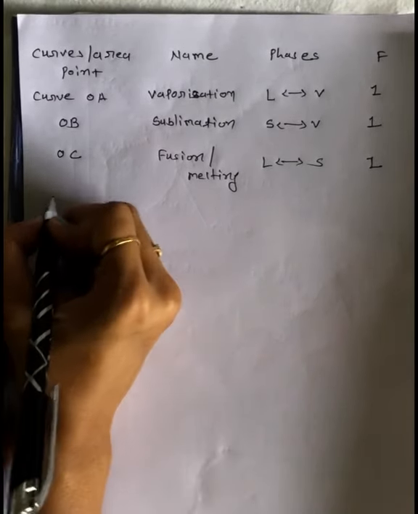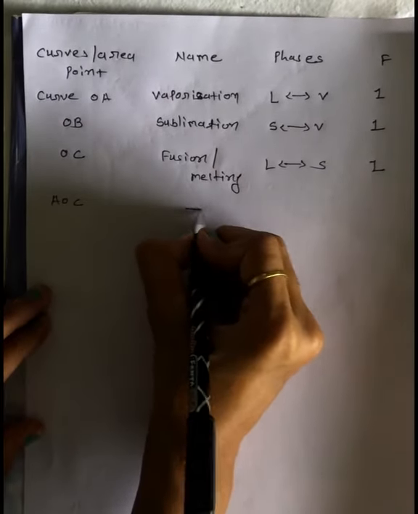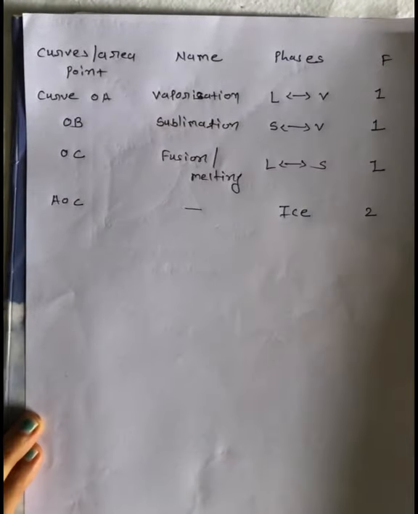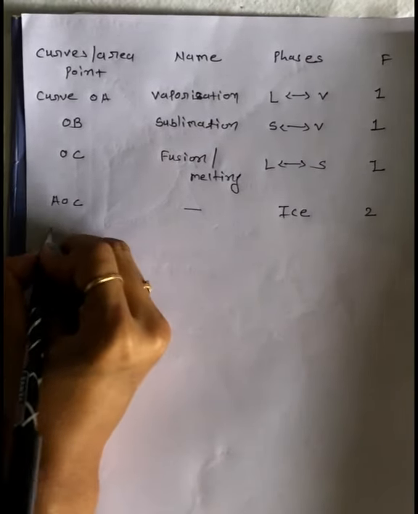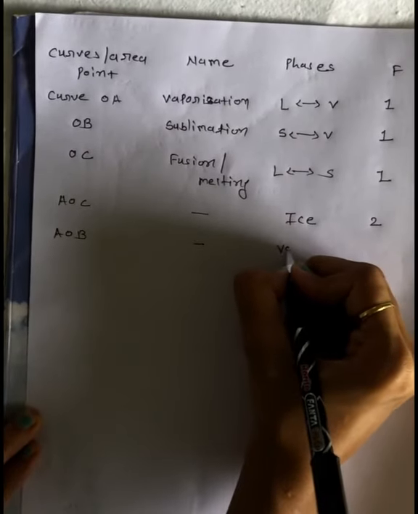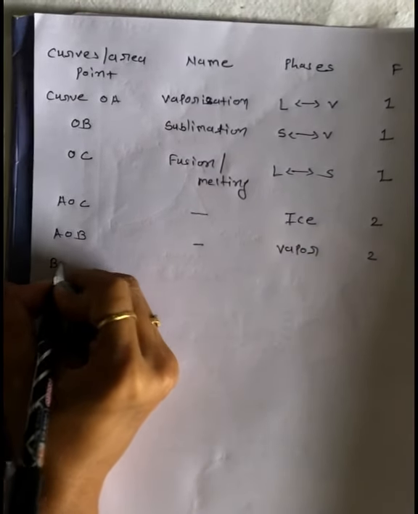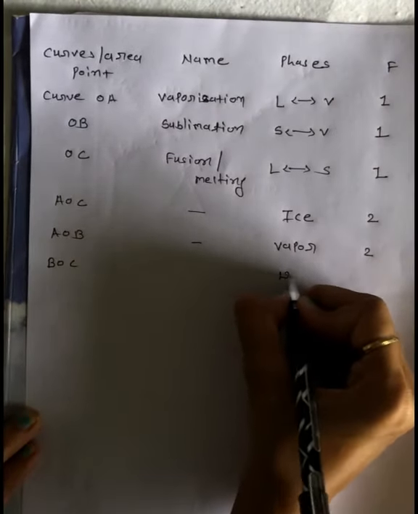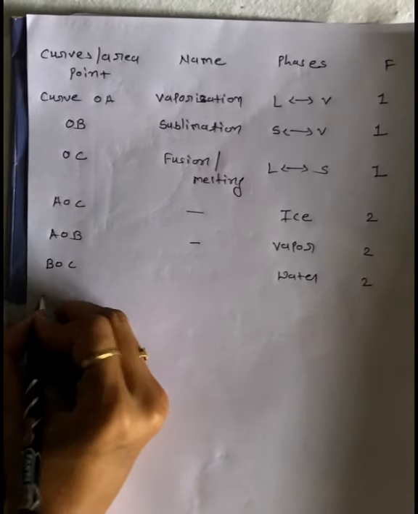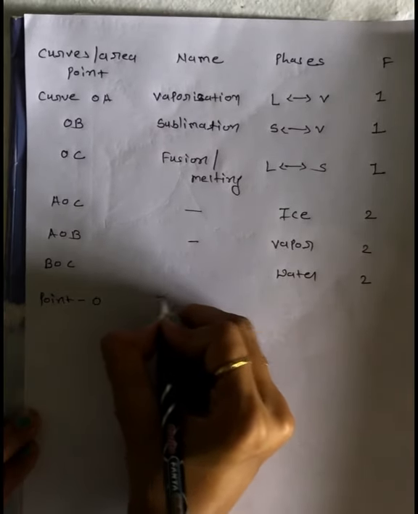Now areas. AOC, only liquid, 2 degrees of freedom. AOB, only vapor exists, 2. And BOC, only ice exists, and degree of freedom 2. And triple point, 0, this is called the triple point.